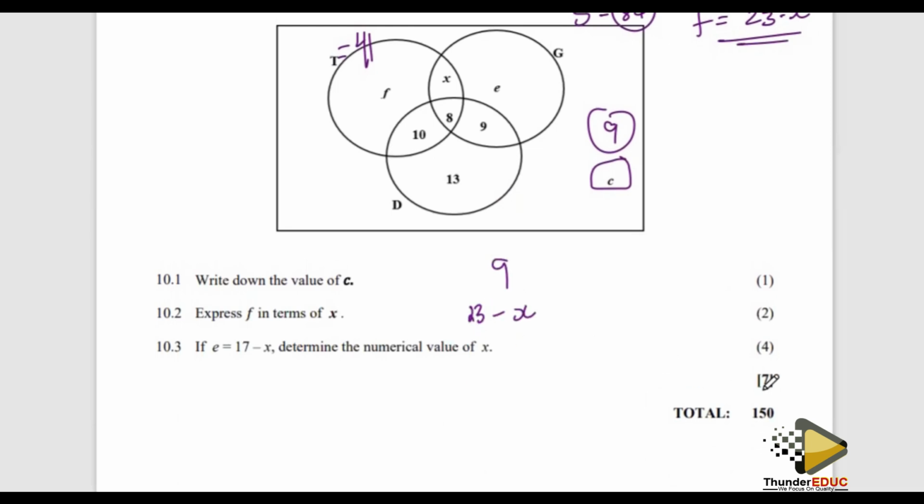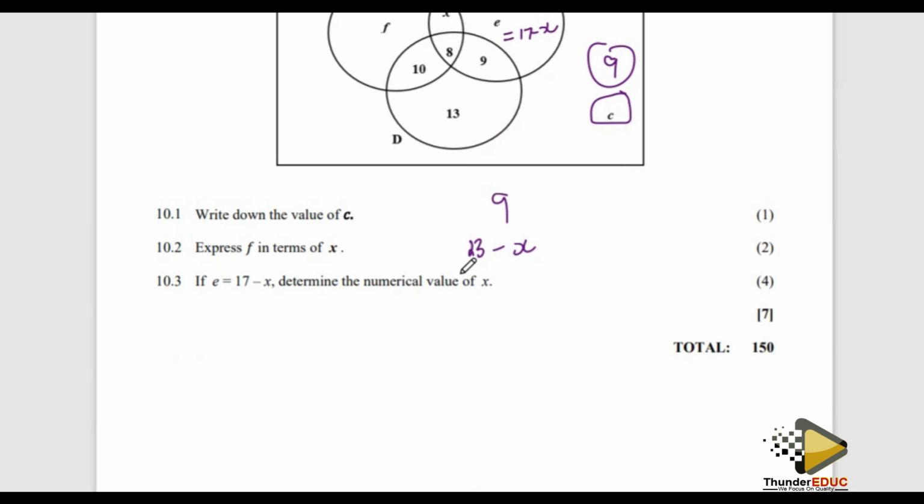And then determine the value of x if E is given as that. So we said E is 17 minus x. Then we just have to add everything up and put it equal to 84. And let's see what we end up with.